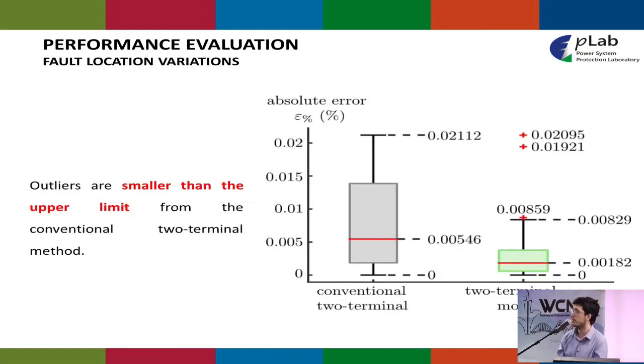We also use the box plot approach to understand the outliers of the method. The two-terminal model method presents 3 outliers that are represented by the red crosses. But these outliers are still smaller than the upper limit from the conventional two-terminal method, which implies that our measures are still good.